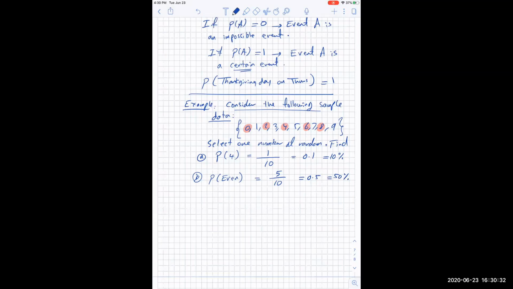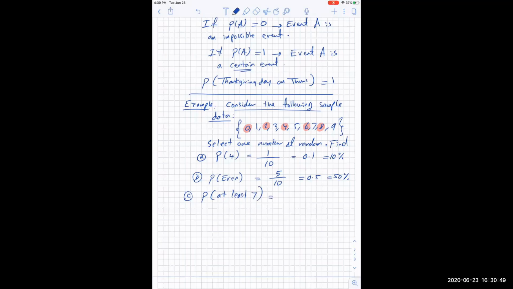Okay. What about this event, the probability of selecting a number that is at least 7? What do you guys think?